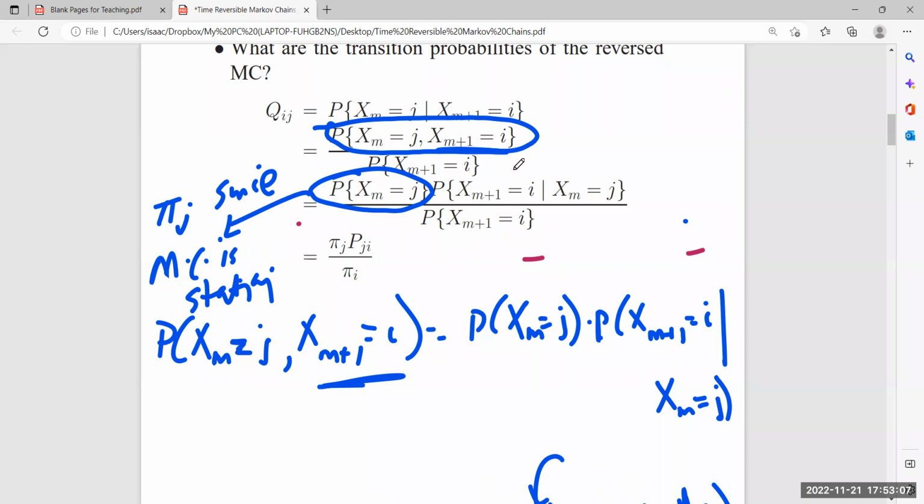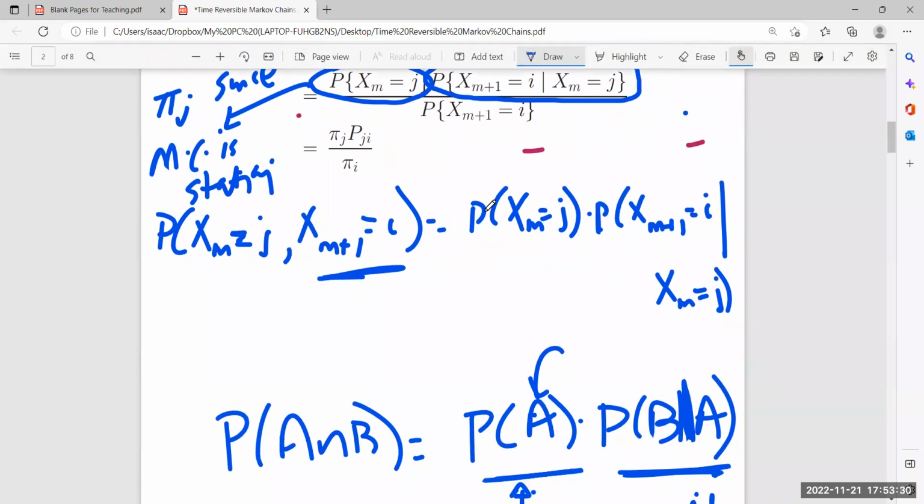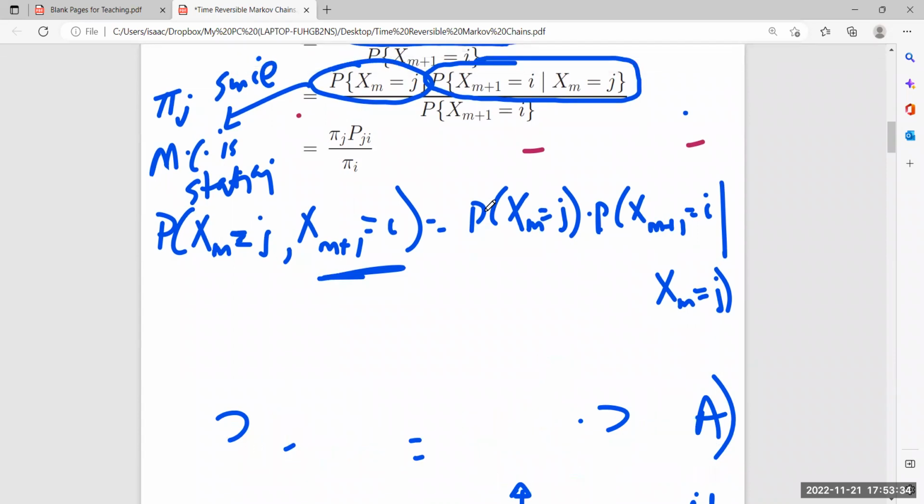What about this part across here? Well, this here is just moving from state j to state i in how many steps? In one step. So we just move in one step. If you picture the probability transition matrix, it will look like this.